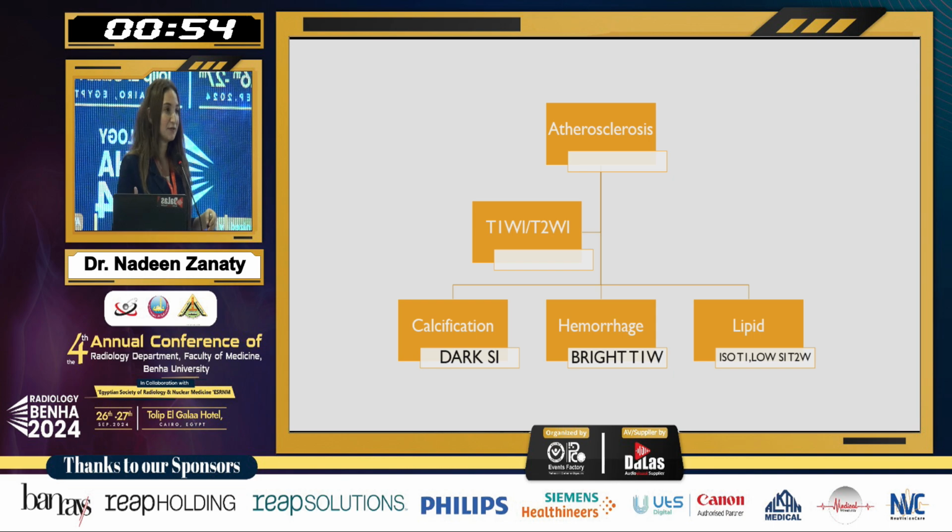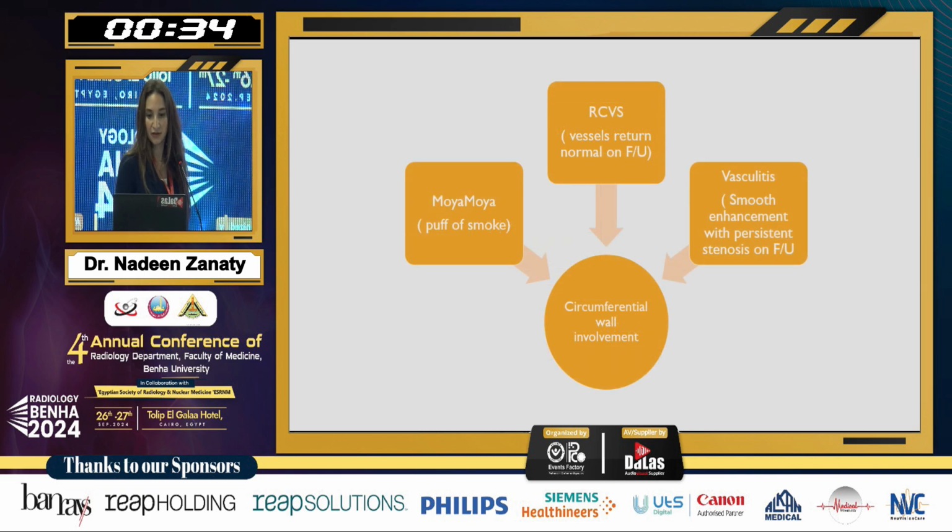So if I diagnose it as atherosclerosis with eccentric enhancement, I'm going to look at T1 and T2 weighted images and the pre and post contrast, of course. I can see the calcification, it gives me a dark signal intensity, a hemorrhage will be bright signal at T1, and lipid is going to be isointense signal on T1, and T2 will give me low signal, and the lipid core won't enhance.